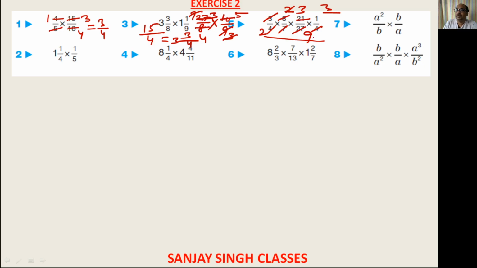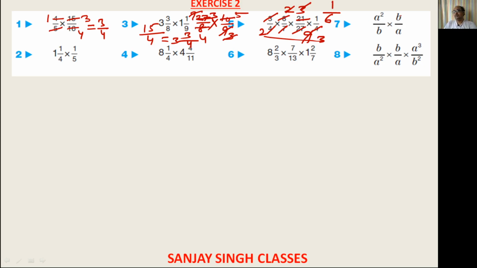No, here 9 is there. Even this 9 will be cancelled with this 3. In the numerator part it will be completely 1, and in the denominator part we are having 3 into 2, so this will become 6.